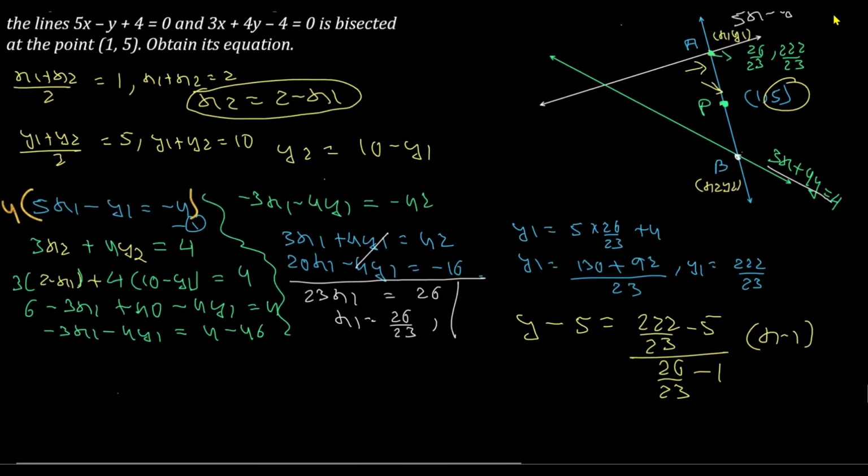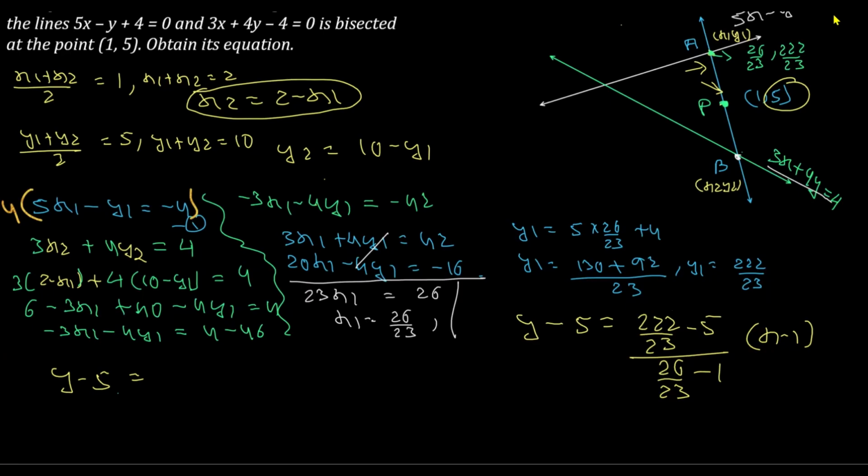So this is what we are going to do, and the simplification step is what I have to reduce this. So let's say if I continue writing, this is y minus 5. As I can see, we have the same denominator here, so they get cancelled. So finally, we have to multiply 23 into 5. So 23 into 5 gives 115.